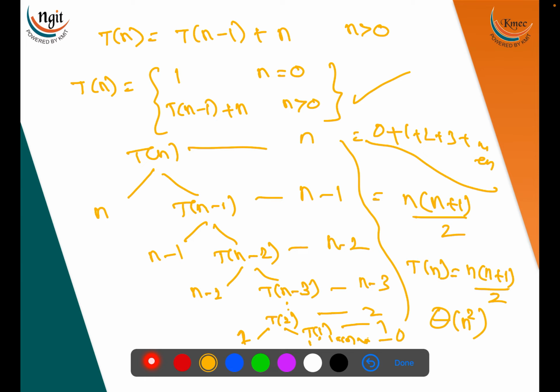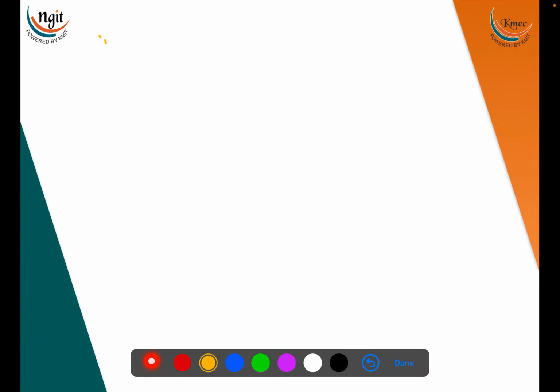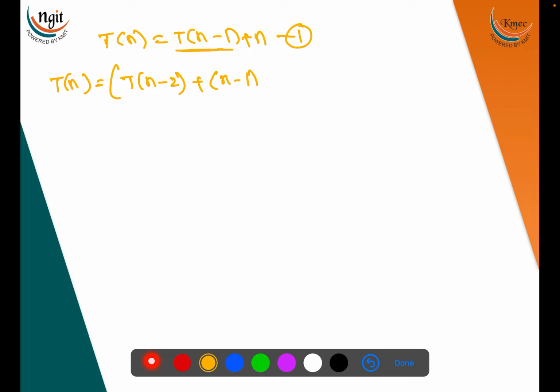Now we'll use the back substitution method or induction method to solve the same recurrence relation. That is, T of n is equal to T of n minus 1 plus n. Assume that it is the first equation. Now what is T of n? Substituting n minus 1, correct? Now if you substitute, T of n minus 2 plus n minus 1 plus n, correct?